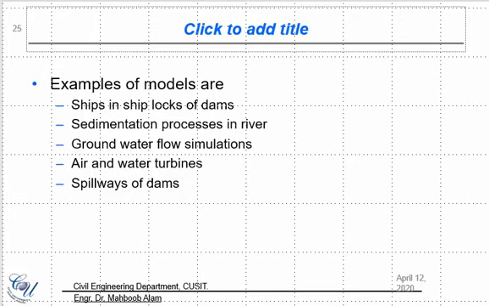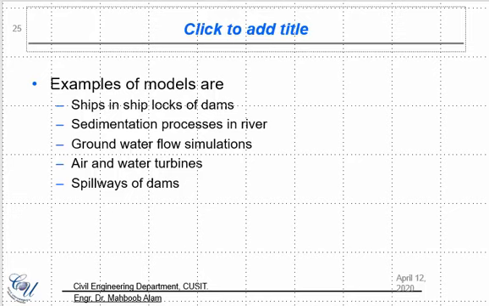The models are necessary for the sedimentation processes in the river. You are making a dam, or let's say there is a river that is flowing, and you have to make a model so that you can study how the sedimentation, or how the smaller particles, would flow in that river or would settle in a particular dam. For groundwater flow simulation, sometimes we need to make a model.